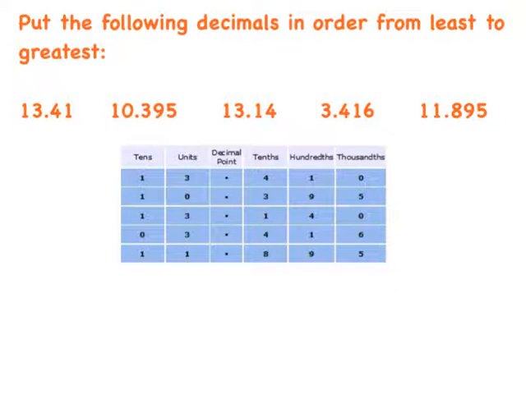So this problem asks me to put the following decimals in order from the least, my smallest one, to the greatest. So I'm going to end up with the largest number last.